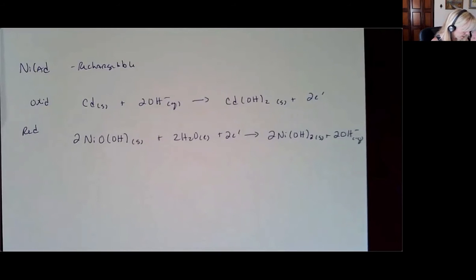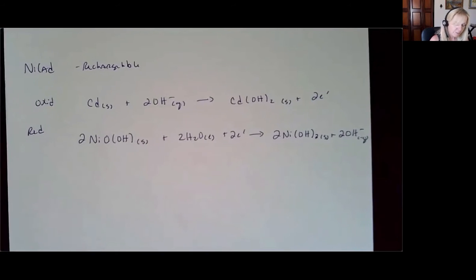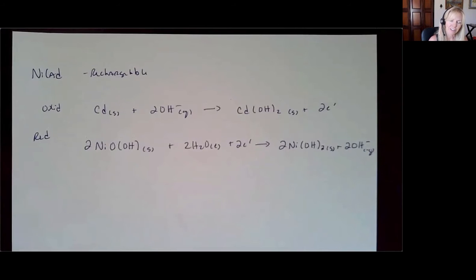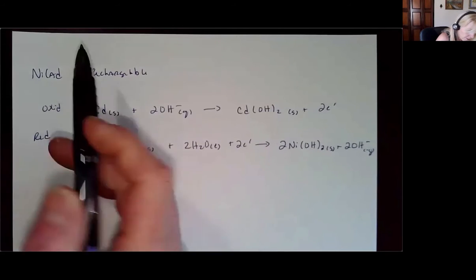The problem with these is that there's no stoppage. If you think about it, I plug this battery in and I start to let it go through the non-spontaneous process, I'm basically driving that reaction by adding an outside electrical current to it. I have no stop measure, so I don't know when that reaction needs to stop. So there's a couple of problems with these nickel cadmium batteries.